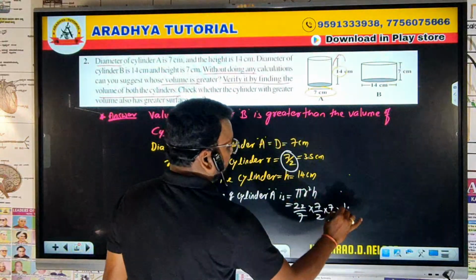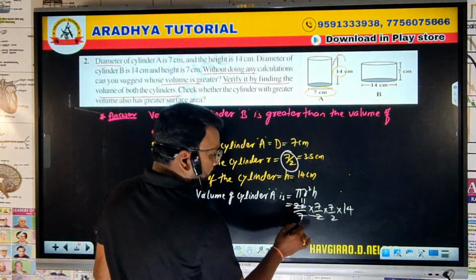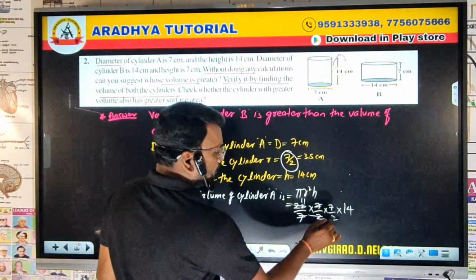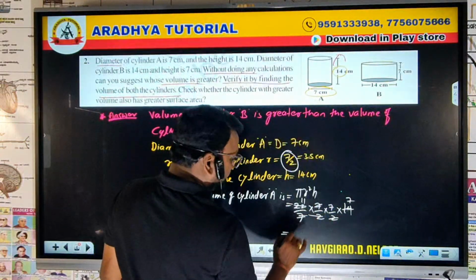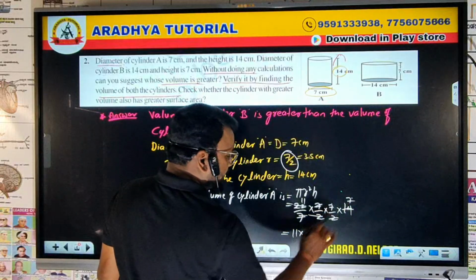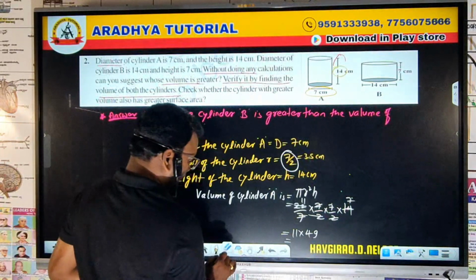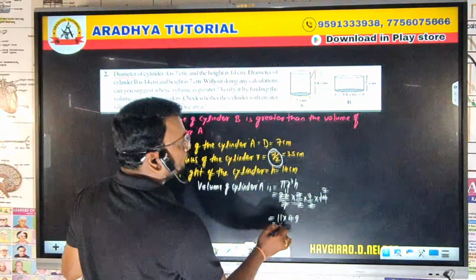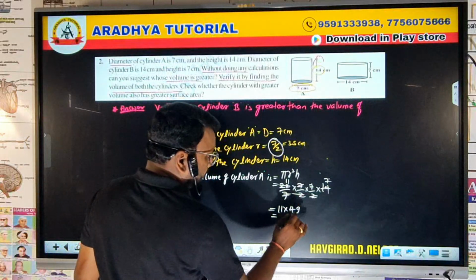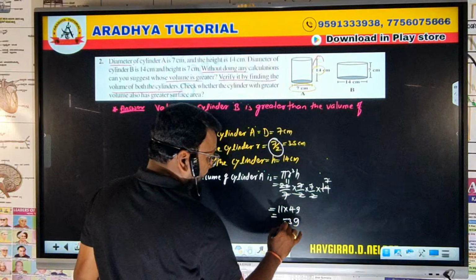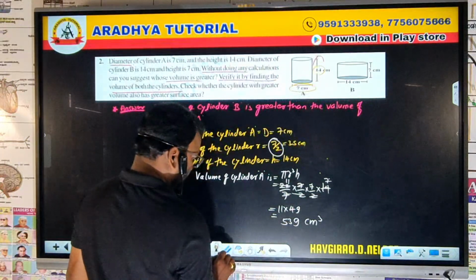H is 14, height is 14. Here 2 elevens are 22, 7 gets cancelled, 2 twos are 4, remains here 11 into 7 into 7, 49. If you multiply these two, then 9 into 11, 539 centimeter cube. Volume is centimeter cube.